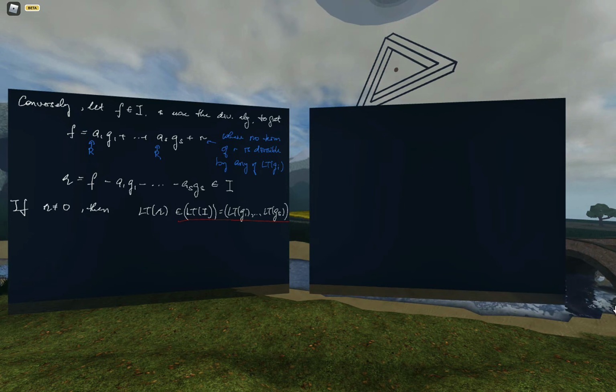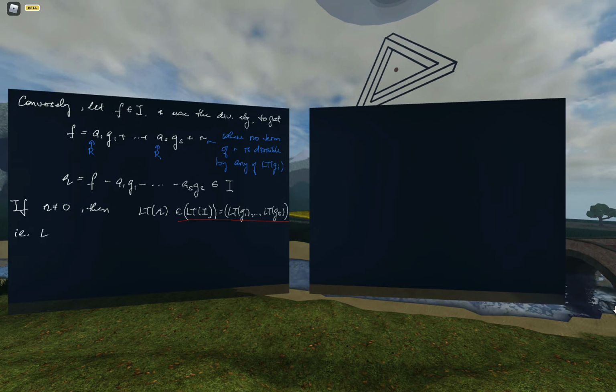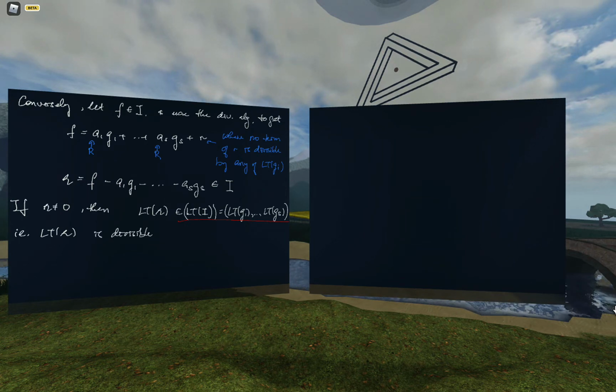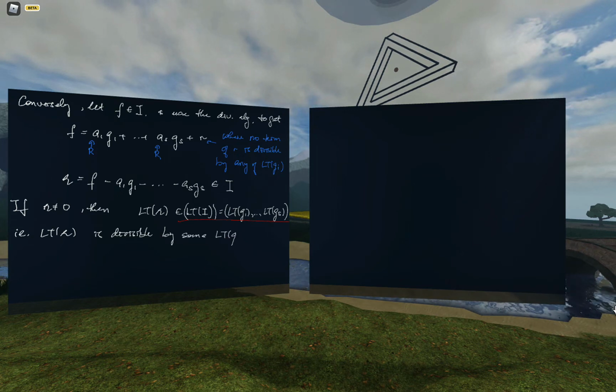So to say that something is in the monomial ideal is the same as saying that LT of R is divisible by LT G1, LT G2, or LT of GS, one of them. And this is a contradiction, right? So LT of R is divisible by some LT GI.